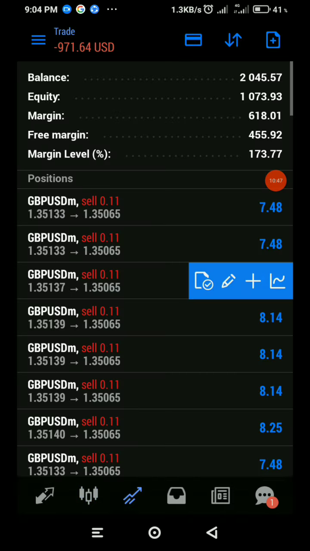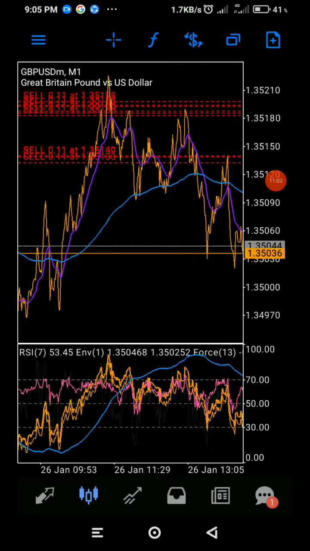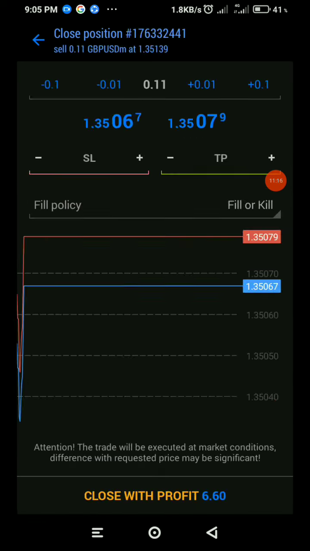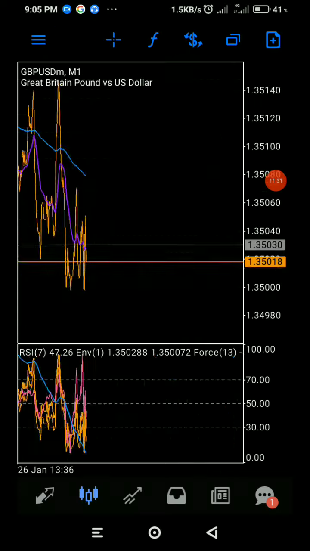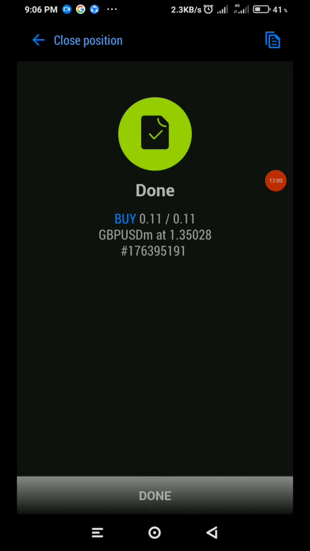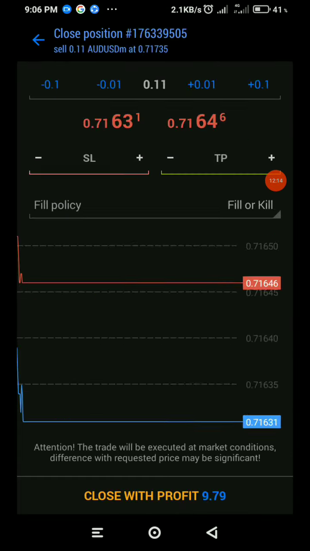This is Great Britain USD, so it's now coming down. So I'm just taking all the profit from Great Britain USD. Okay, I booked all the profit. I've just taken all the profit from Great Britain USD.